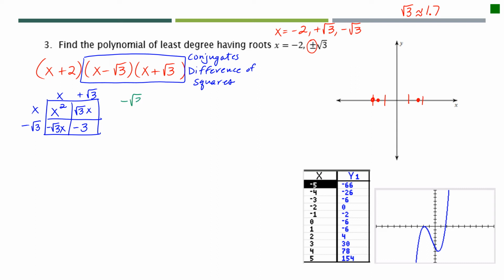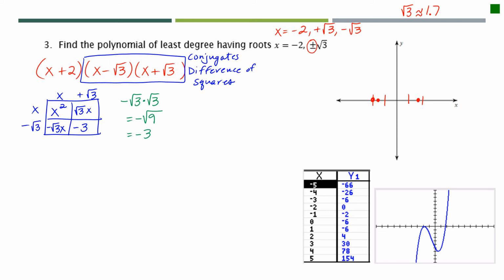If I take negative square root 3 times positive square root 3, the answer is negative. 3 times 3 is 9, so you get the negative square root of 9, but the square root of 9 is 3, so you end up getting negative 3. So that will happen anytime that you multiply two identical radicals. The number will come out and the radical will disappear, and it'll always be negative because you're always going to have one of each.